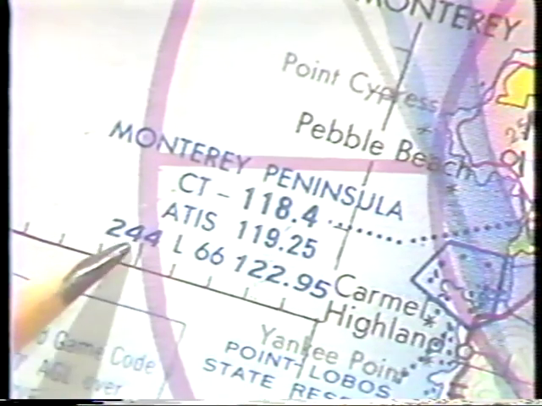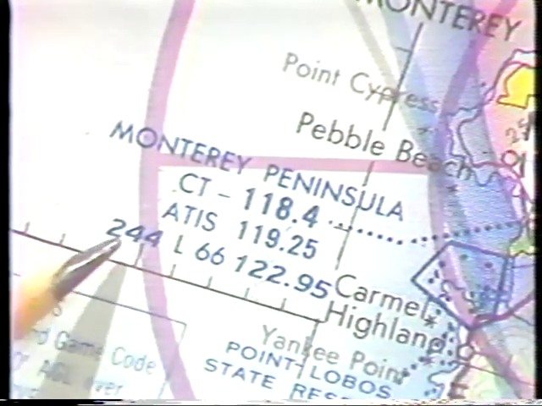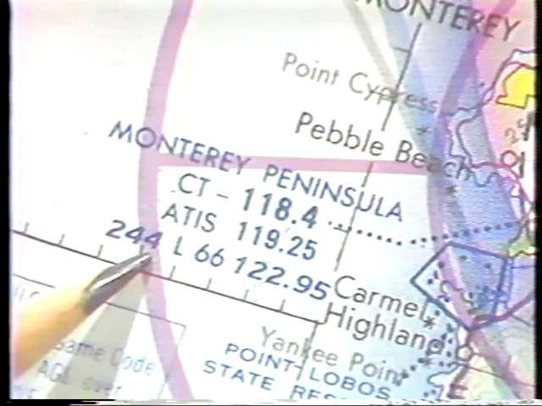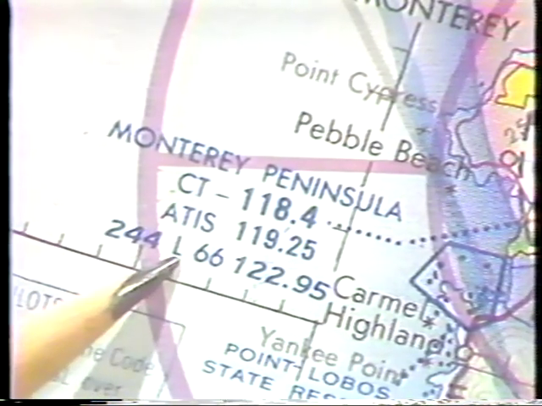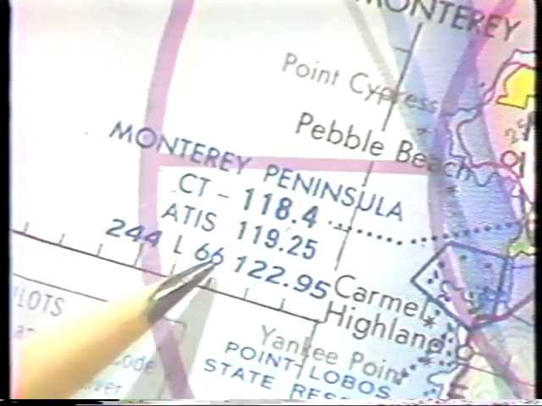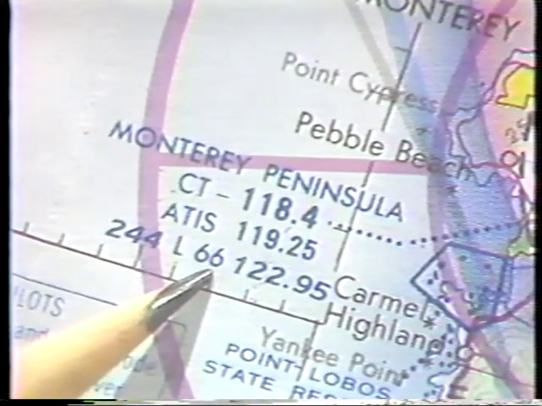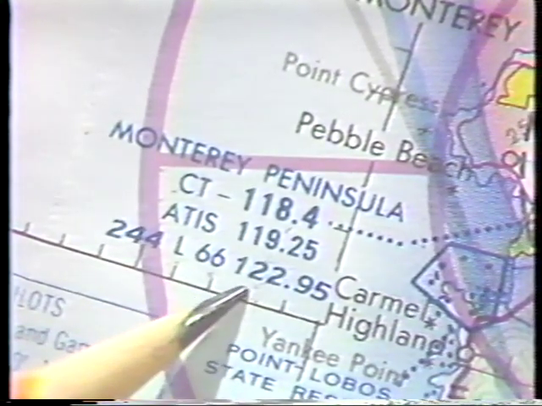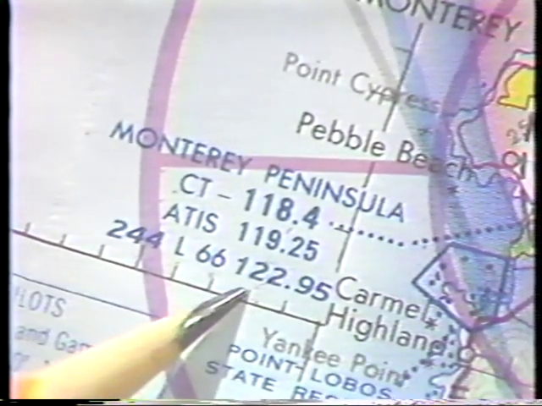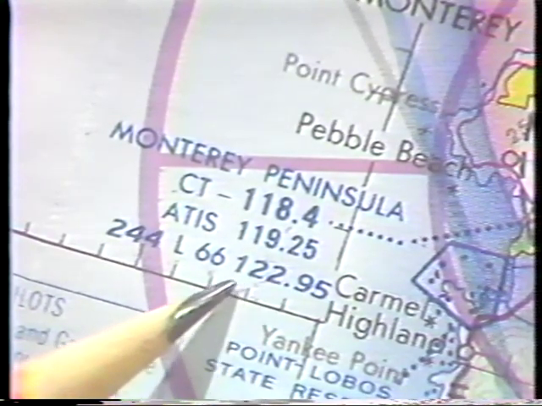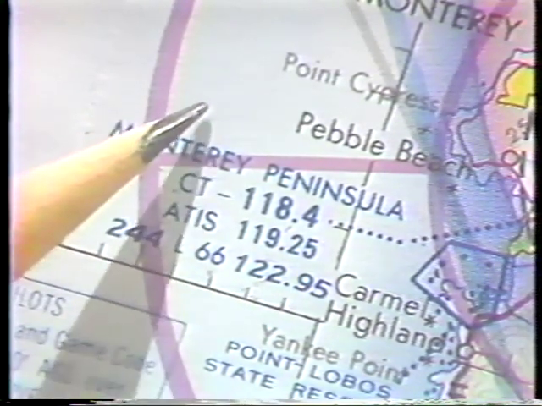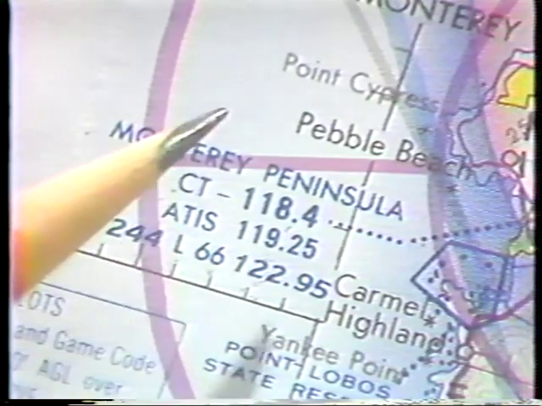The next line is the same as uncontrolled airports with the field elevation, 244, the L indication of lights if there are any, the longest runway length in hundreds of feet, 6,600, and the appropriate Unicom frequency. If there is a flight service station on the field, the letters FSS will be above the airport data.